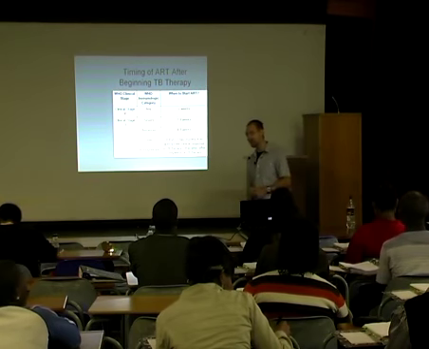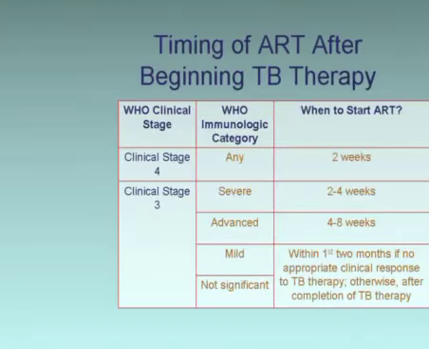Say I diagnose a person today with TB and HIV, and the CD4 count is 50. We should start within 2 weeks, right? What if I started his TB treatment and ARVs today? Same day.